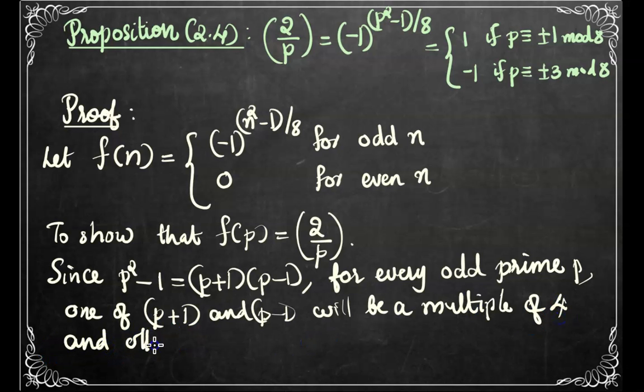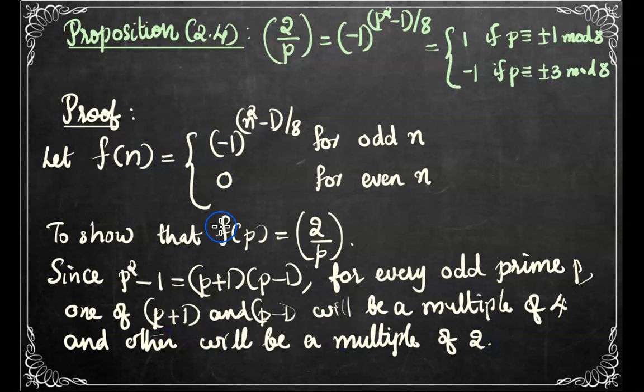and the other will be a multiple of 2. So, the product (p+1)(p-1) will be a multiple of 8.